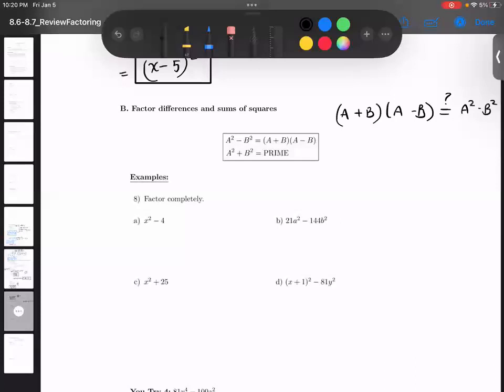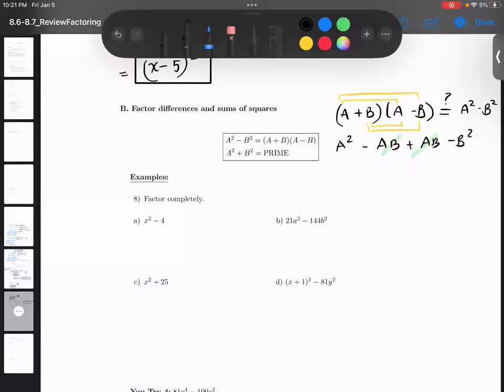Well, one way to find out is to FOIL them. So a times a, that's a squared. A times negative b, that's negative ab. B times a, that's positive ab. B times a and a times b are the same thing. And b times negative b is minus b squared. These two cancel because they are opposite terms.